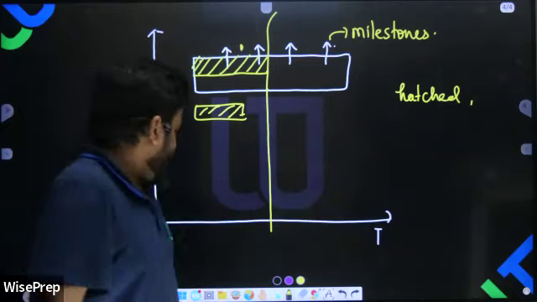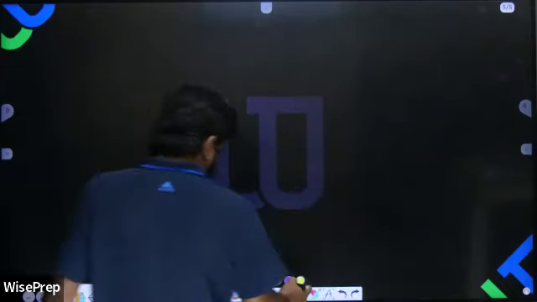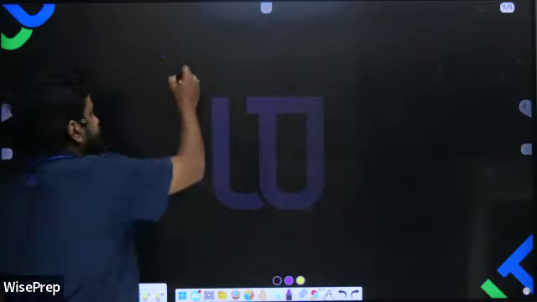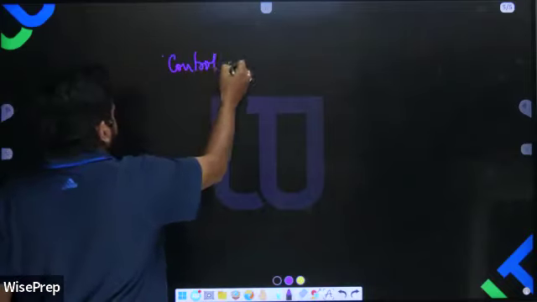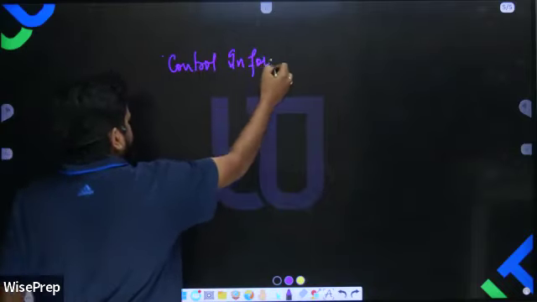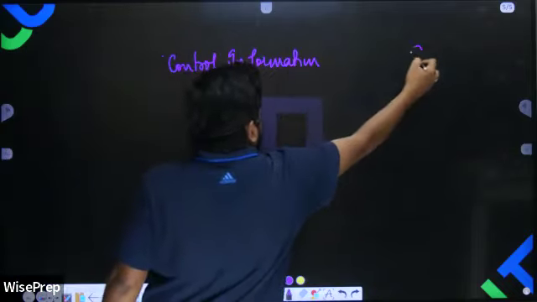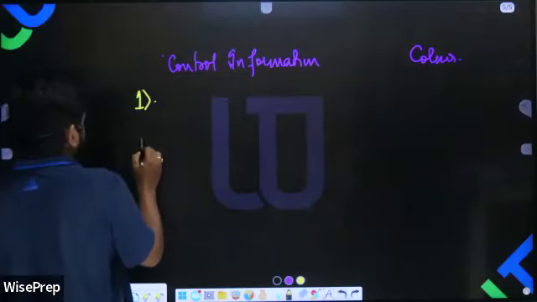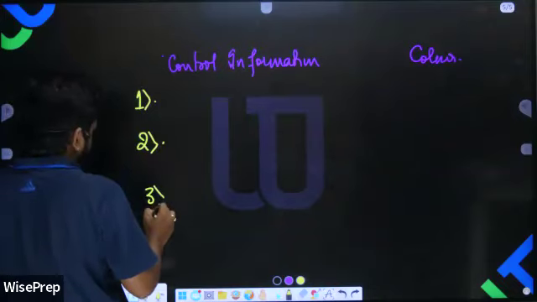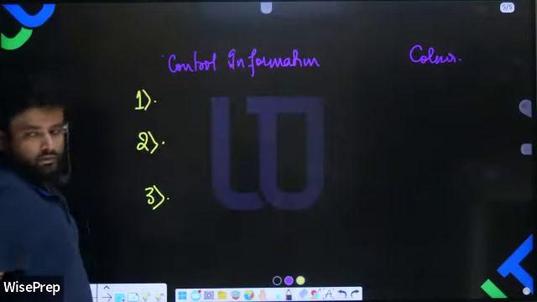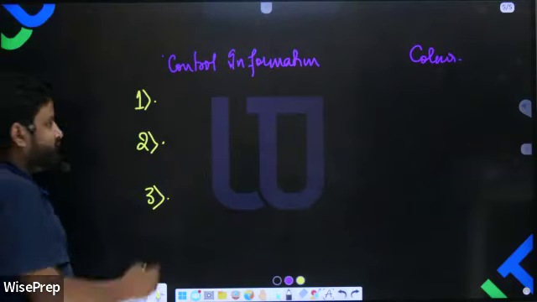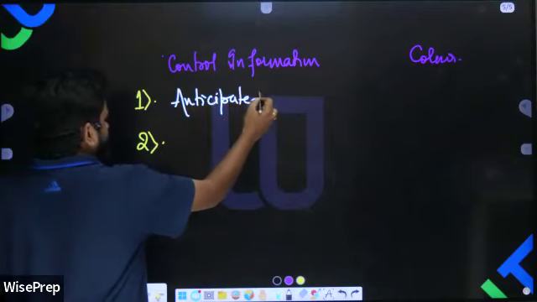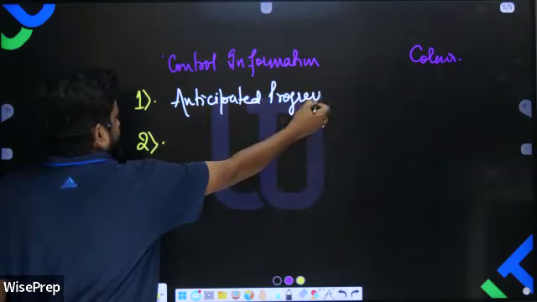So write down here, on the left hand side, control information, and here, color. First is anticipated progress.